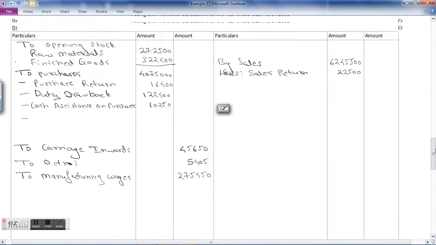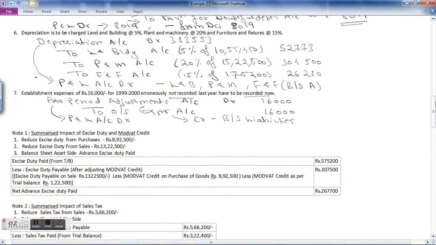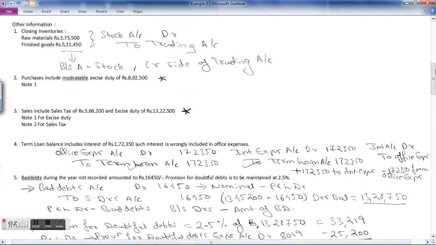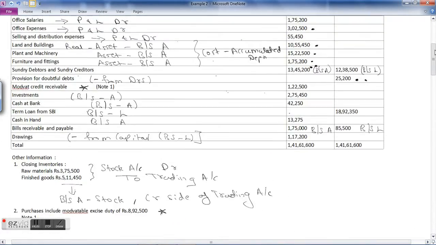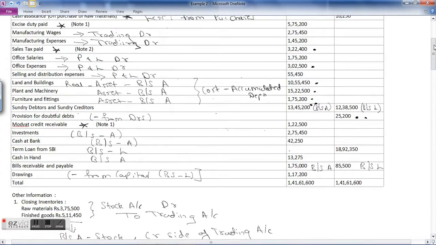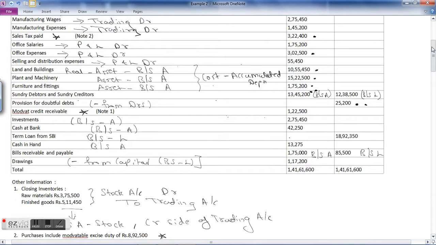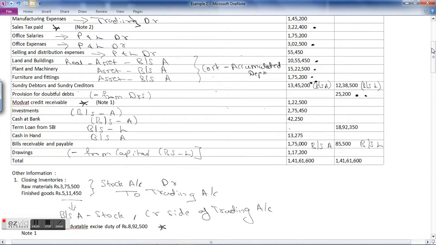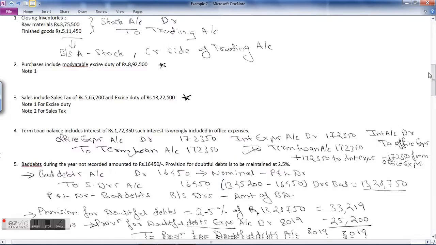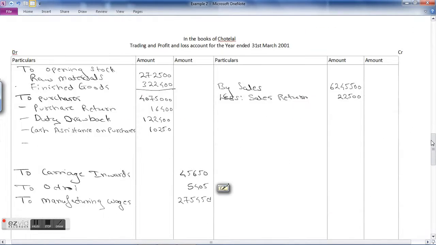Okay, then next is manufacturing expenses. How much is that? 1,45,200. Trading account debit side to manufacturing expenses 1,45,200.